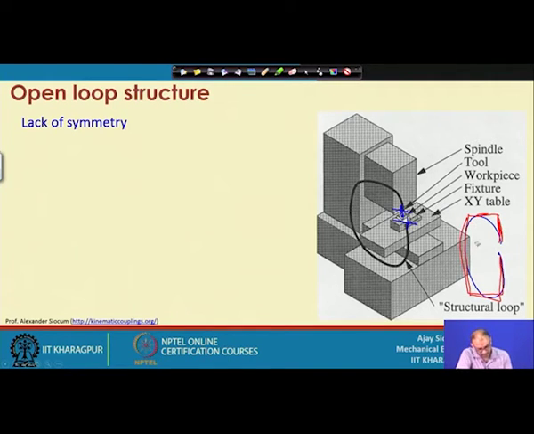Which way it is open: there is a distance between these two and there is a distance between these two also, because our base is located here, the workpiece is located, the tool is located here, and there is the overhanging distance and this long vertical length also. That will be decided by that part, and the problem here is that it is not a symmetric structure.